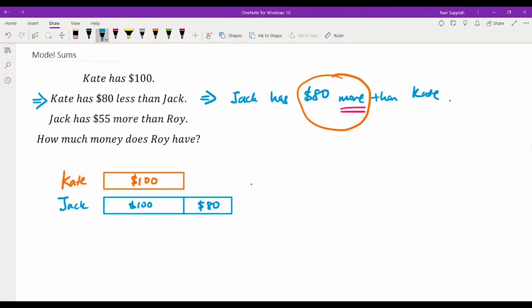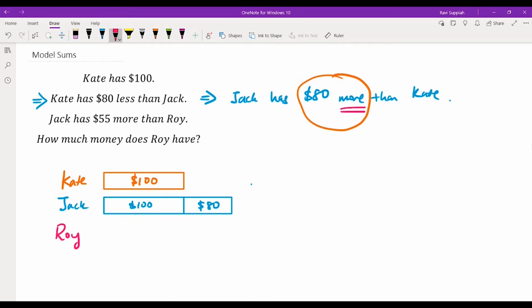Okay. Now, the last sentence says that Jack has $55 more than Roy. Okay, so let's look at Roy. For Roy, we do not know how much he has because that is the amount we're supposed to find. But the information that we know is that Jack has $55 more than Roy.